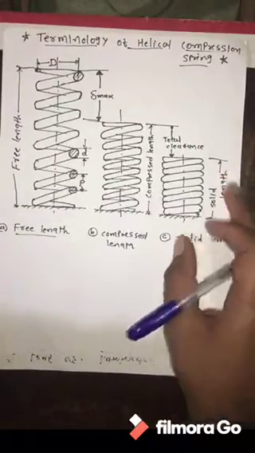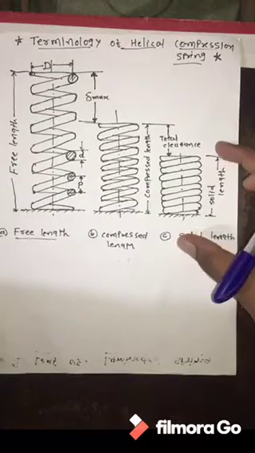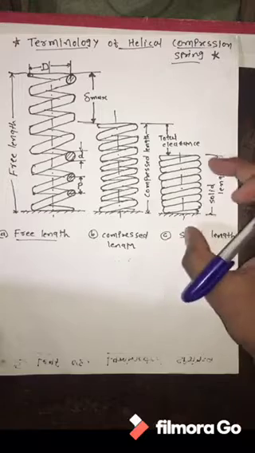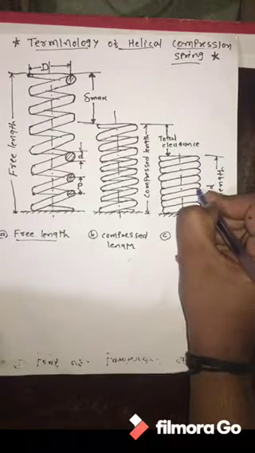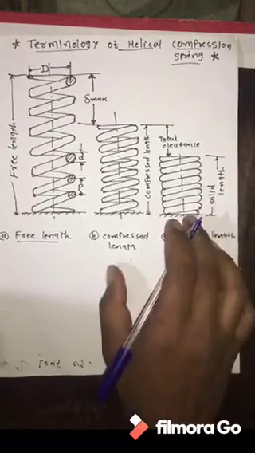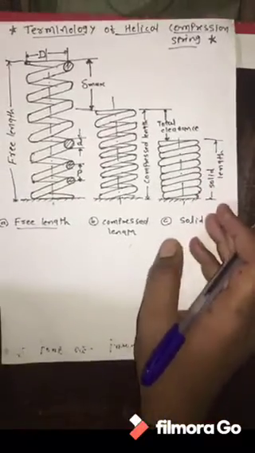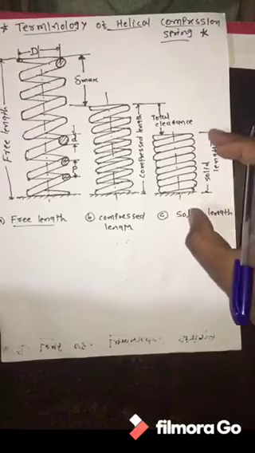The definition is: when the spring is compressed until the coils touch each other, fully compressed, with all the coils touching each other, it is said to be solid. The length of such a solid is known as the solid length.